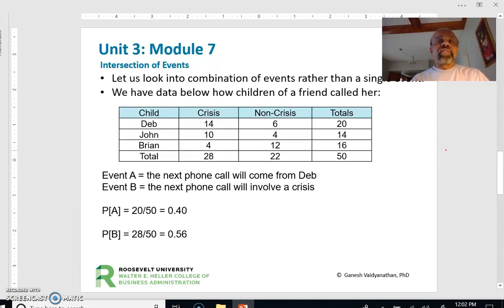For instance, a crisis call will be one of his kids wanting some money, or saying, I need you to pick me up from school. Those are the crisis ones. Non-crisis would be, hey dad, how are you? That kind of call. My friend counted the number of calls which are crisis and the number of calls which are non-crisis over a period of time.